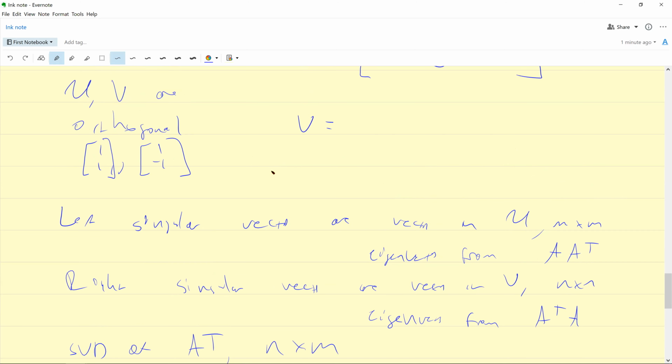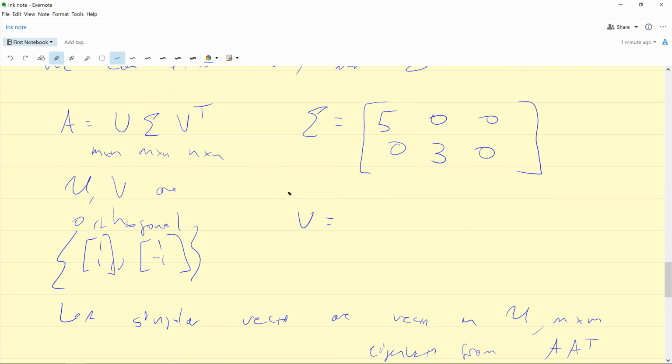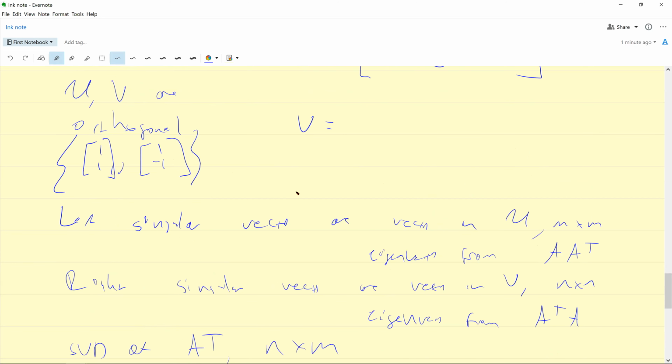Right, so back to finding this V. We have these two basis vectors. Are they orthogonal? Yes.